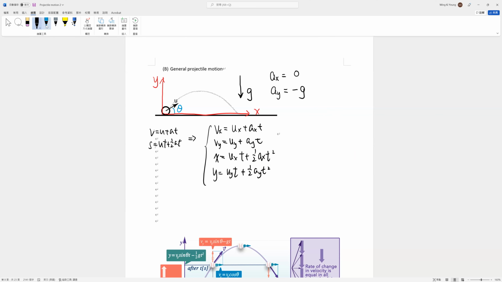How about the initial velocity? Remember, the initial velocity is neither horizontal nor vertical. We need to decompose the velocity into 2 components. How about the vertical one?